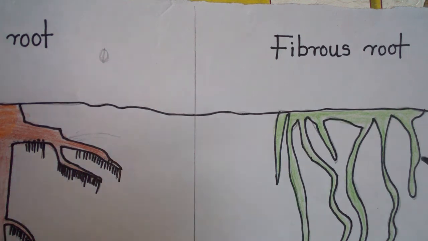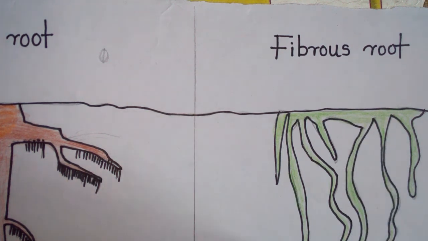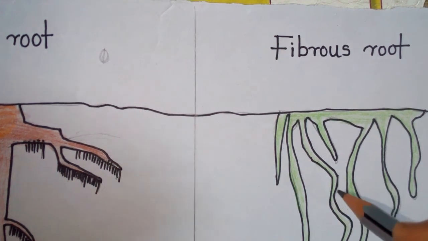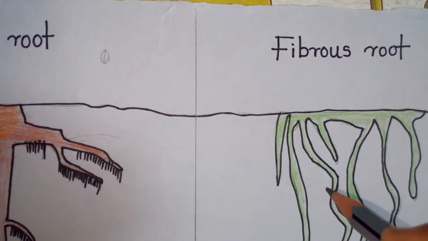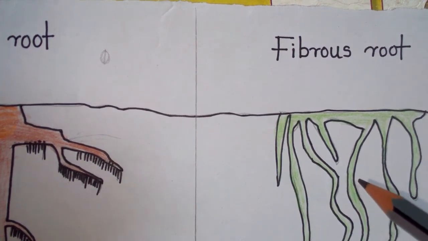Sometimes the fibrous roots in some plants grow just above the soil, just below the stem, right above the soil. This is said to be the adventitious root.